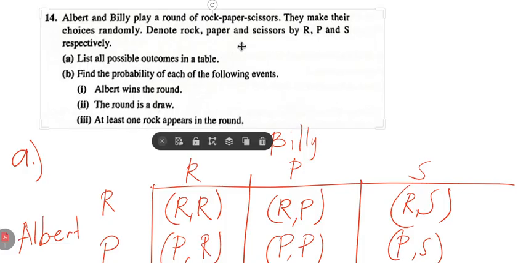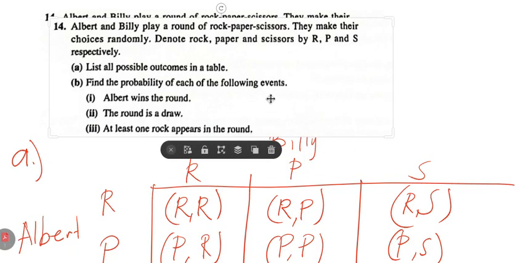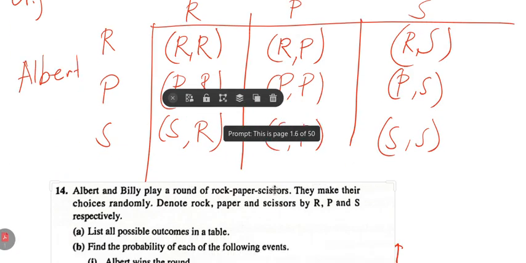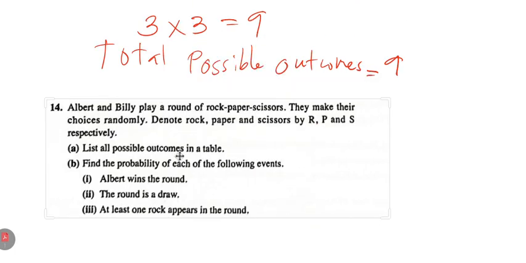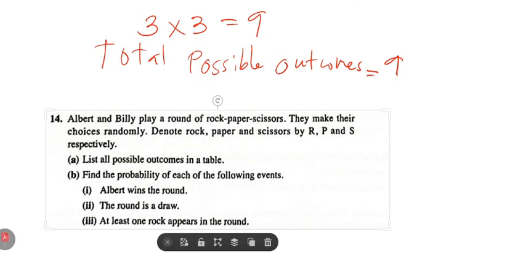The second one states to find the probability of each of the following events. The first one is Albert wins the round. Looking at the table, we have the total number of events.